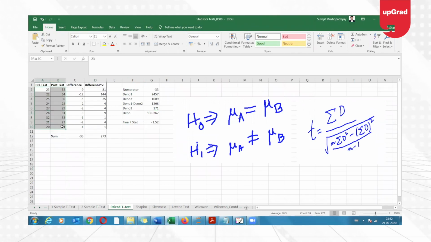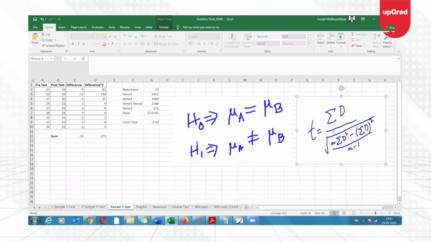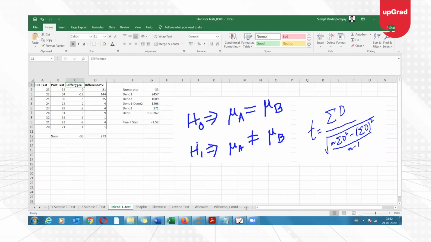So here I have put these values in Excel, and the way to calculate the t-test is, first we'll calculate the difference, which is this part. We'll calculate the difference square, which we require here, and then the rest is straightforward.